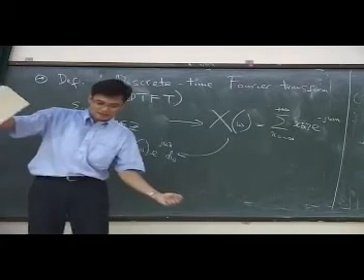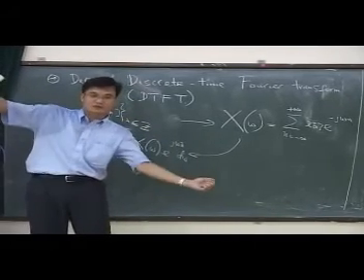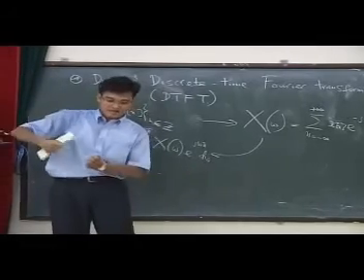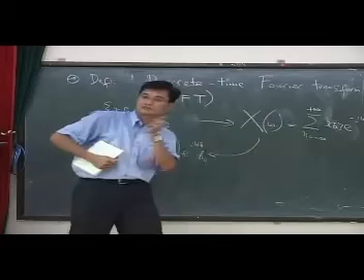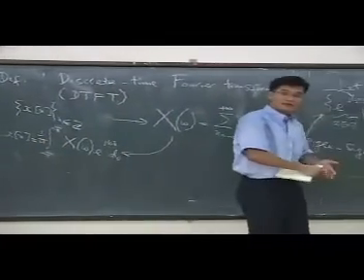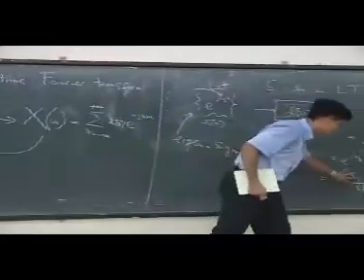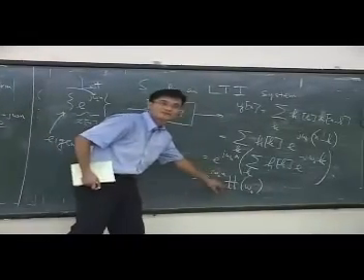I break the signal into those components and put each component through the system. Each component, when it goes through the system, remains the same, except it gets scaled by this number, right?